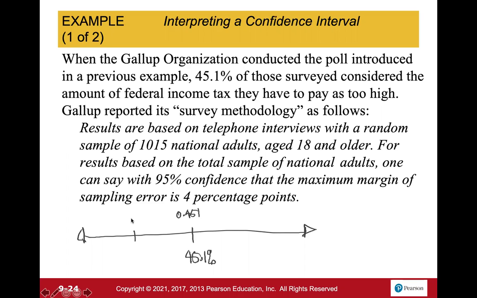So this value right here is 0.451 minus 0.04, giving us 0.411. Over here, we're going to add 4 percentage points. To this value here, we're going to add 0.04, giving us 0.491. If you look at the percentages, this is 41.1% and over here is 49.1%. And that's all we do here.